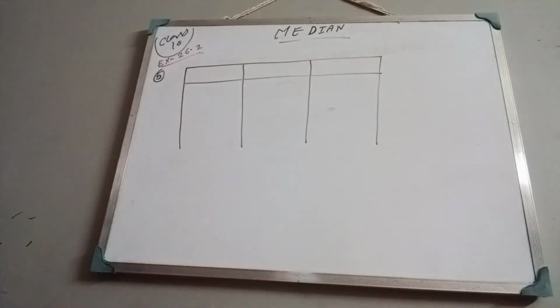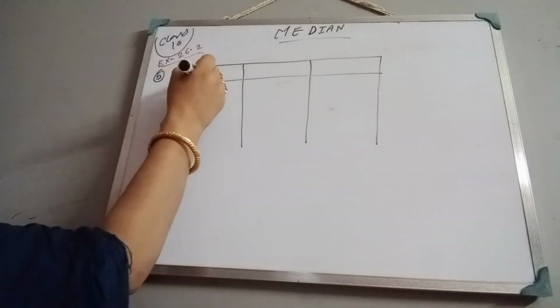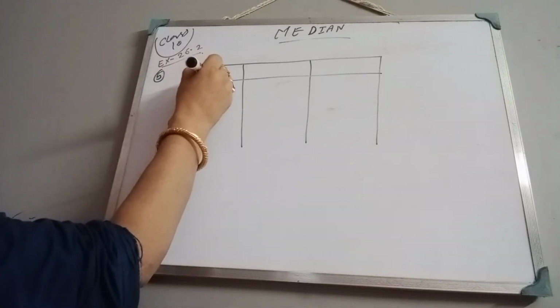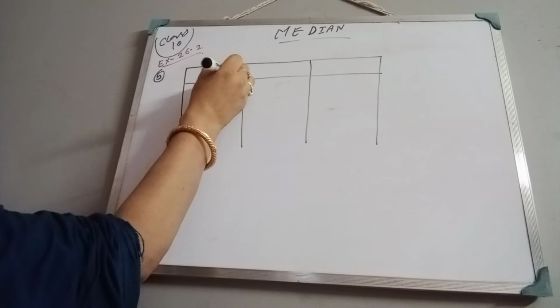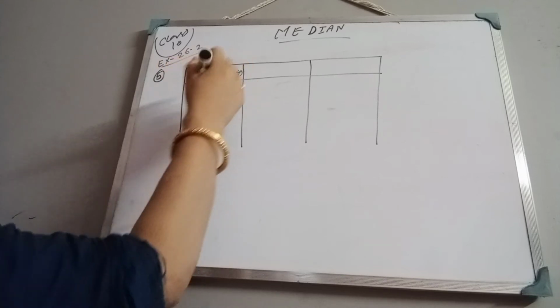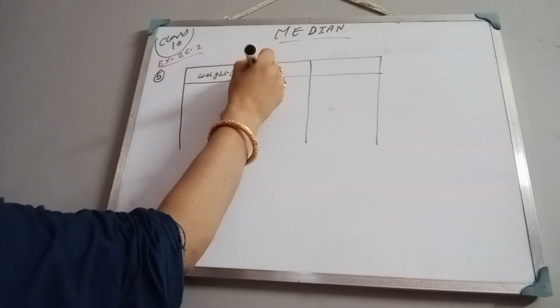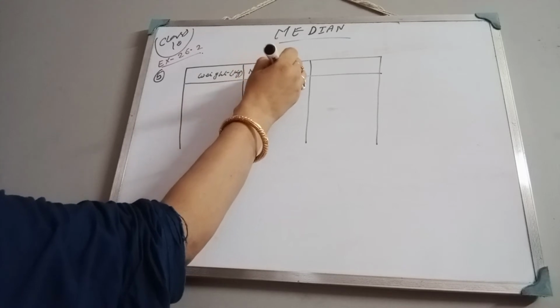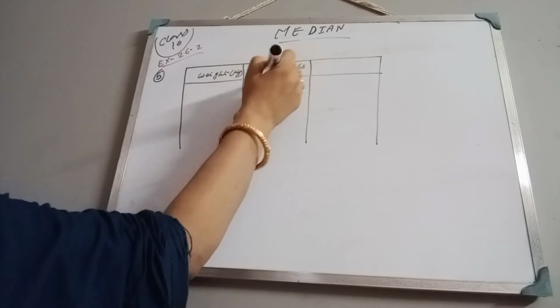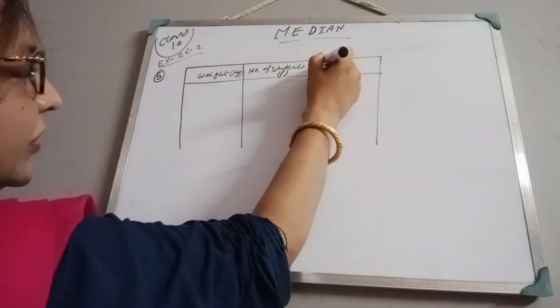What is given? Weight given in kg. So write here weight in kg. Number of students is f, and here cumulative frequency.